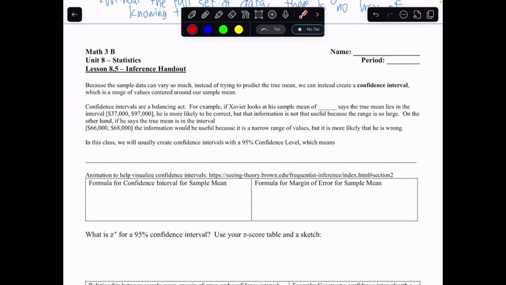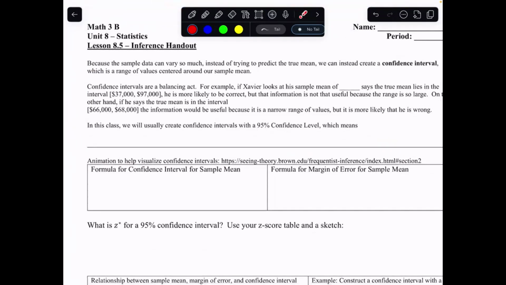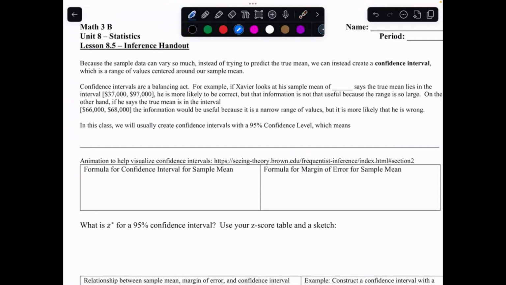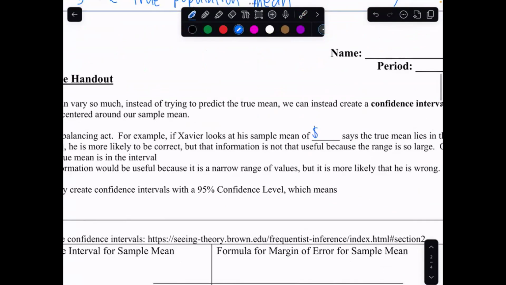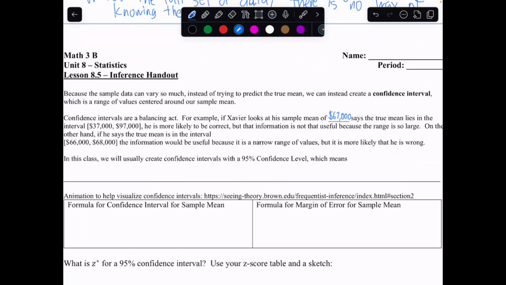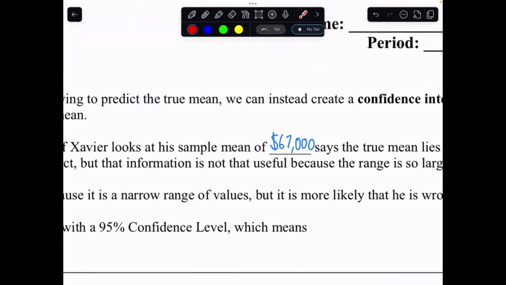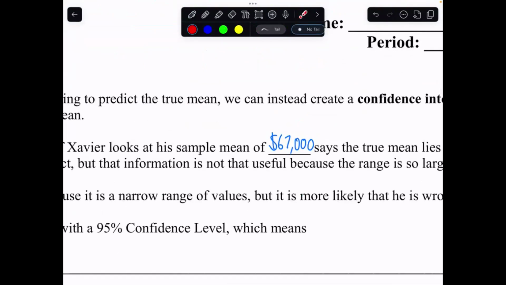Now, confidence intervals are a balancing act. Let's go back to Xavier. Again, Xavier got a sample mean of 67,000.